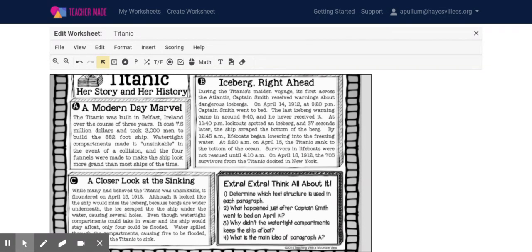At 11:40 p.m., lookouts spotted an iceberg, and 37 seconds later, the ship scraped the bottom of the berg. By 12:45 a.m., lifeboats began lowering into the freezing water. At 2:20 a.m. on April 15th, the Titanic sank to the bottom of the ocean. Survivors in lifeboats were not rescued until 4:10 a.m. On April 18th, 1912, the 705 survivors from the Titanic docked in New York.